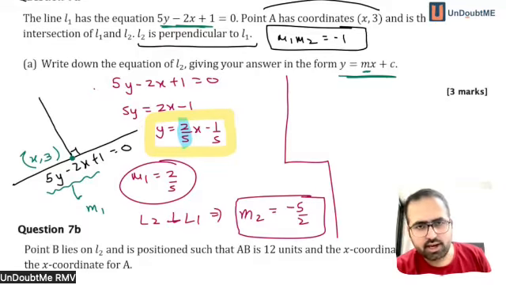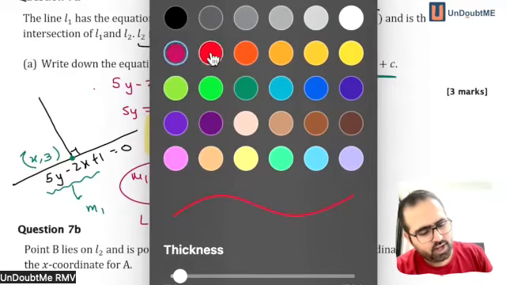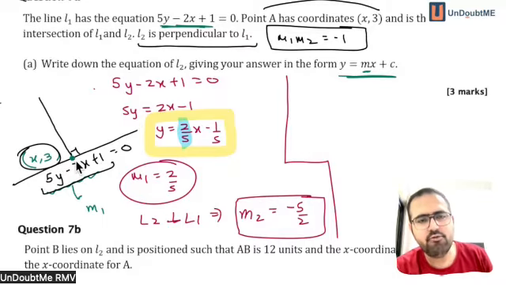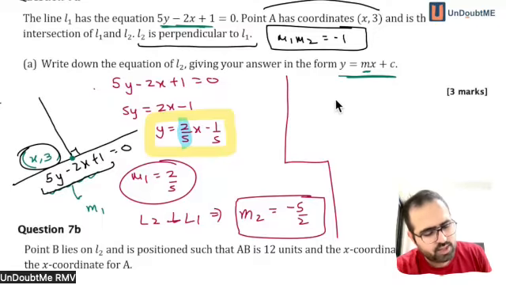Okay, so we got the gradient. Now the next step should be to substitute x comma 3 in the given equation, to get the x value particularly. That will give me a point on the line L2.